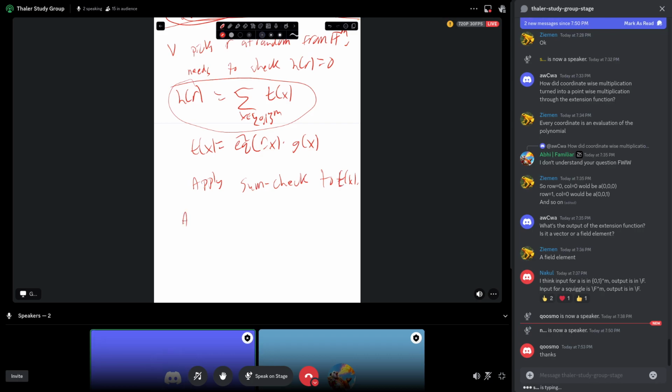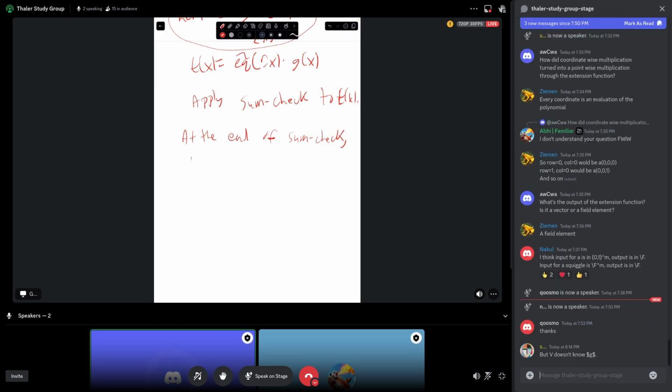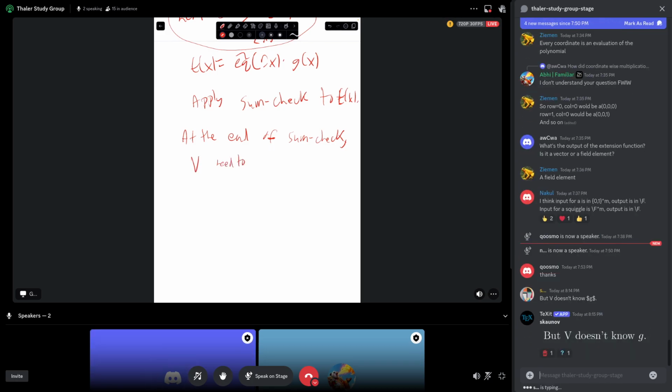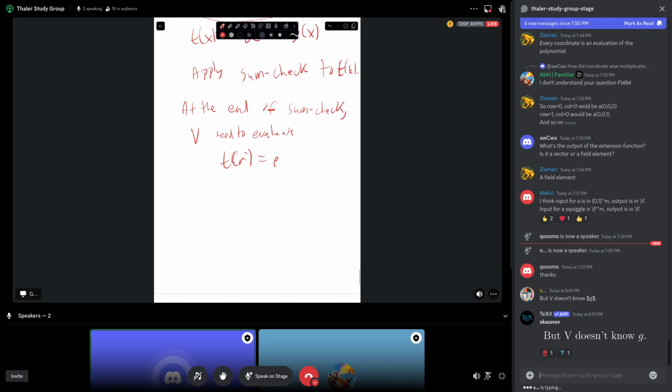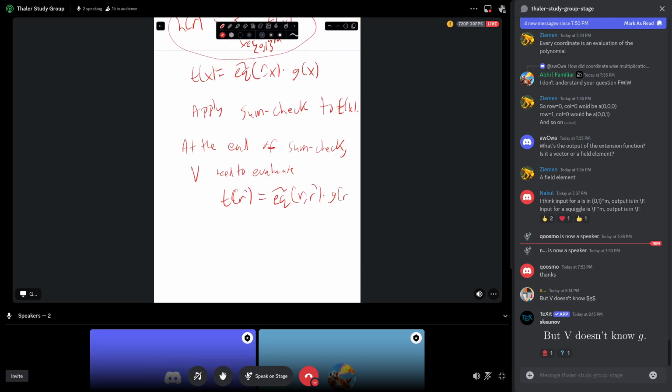Okay, now at the end of sum check, we do have a bit of a nuisance, which I did discuss before in response to the question of why is sum check useful even when we have commitment schemes? At the end of sum check, the verifier does need to evaluate t of r prime, which is EQ twiddle of r comma r prime times g of r prime.